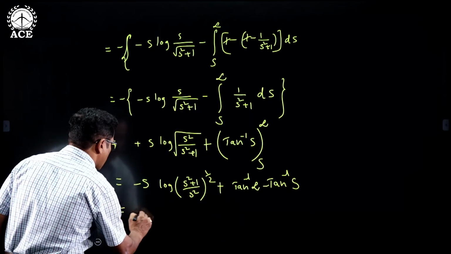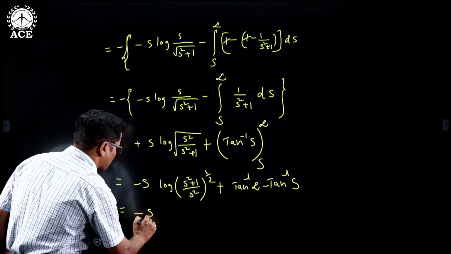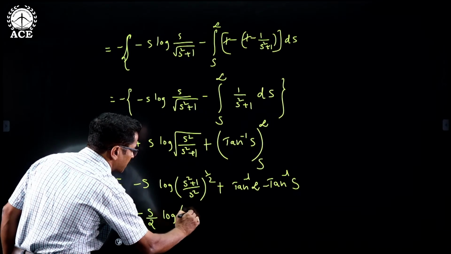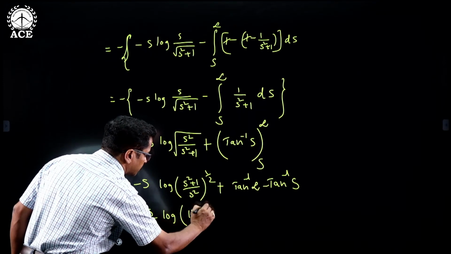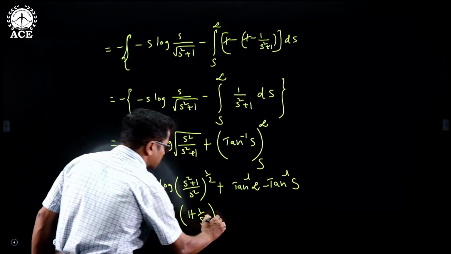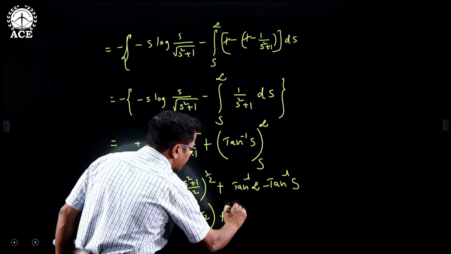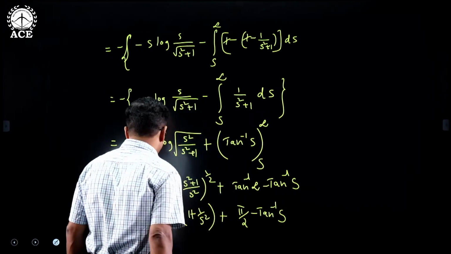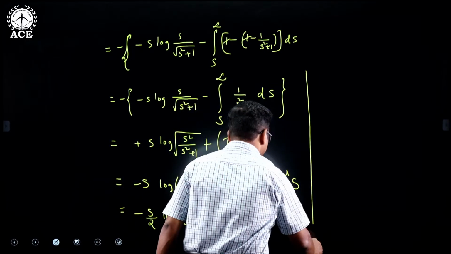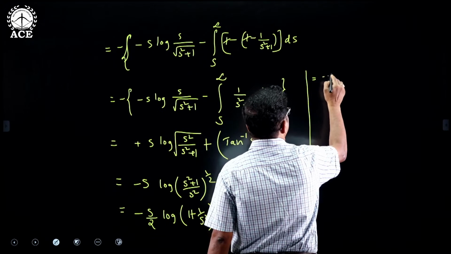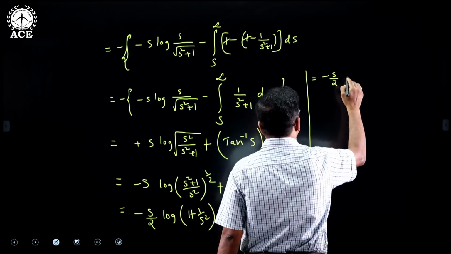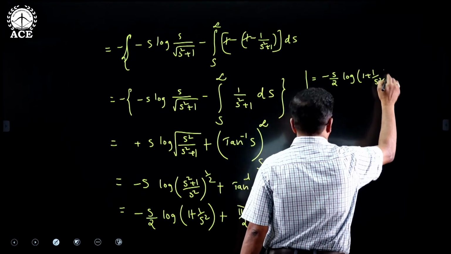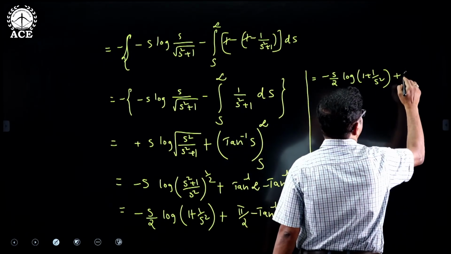So it equals minus s, the 1 by 2 comes outside, minus 1 by 2 log of 1 plus 1 by s square, plus tan inverse of infinity, which is pi by 2, minus tan inverse s. So it equals minus s by 2 into log of 1 plus 1 by s square plus cot inverse s.